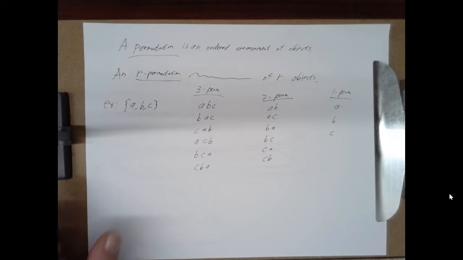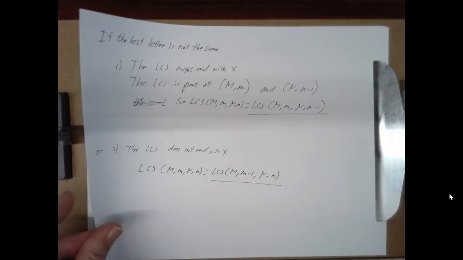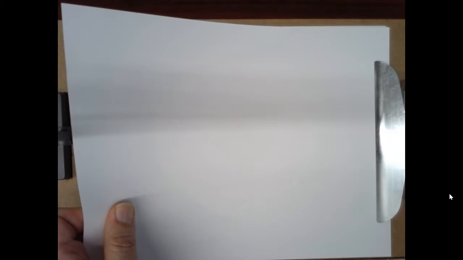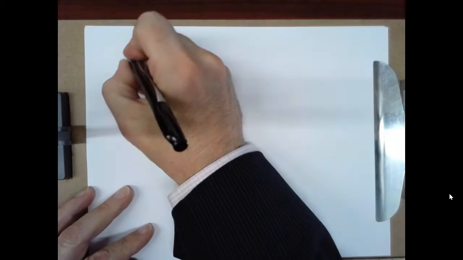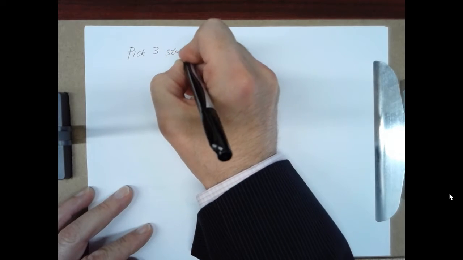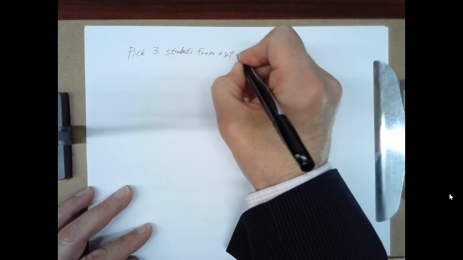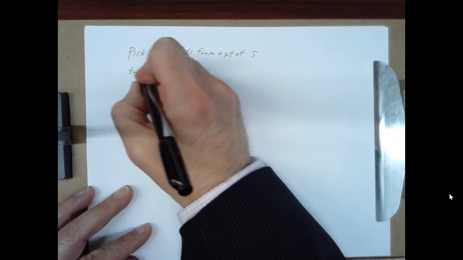So what do we do with permutations? We can use them to answer these questions that we've been talking about. So for example, pick 3 students from a set of 5 to stand in a line.